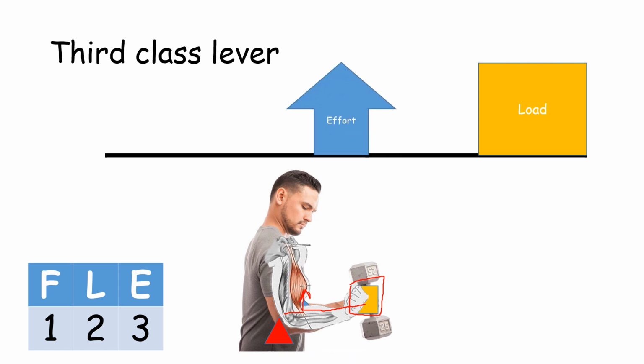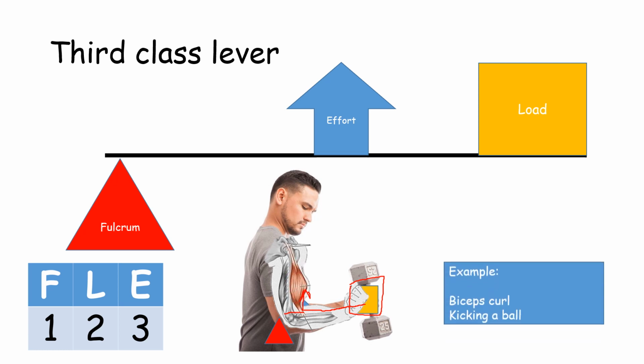I'd then get to the effort next, and then the pivot point, the fulcrum. Which means that that is a third class lever system, and you have to know how the bones are structured, and that's why this is sometimes quite a difficult topic in itself. Again, if that doesn't make sense, pause your video, ask your GCSE PE teacher, or go over what I've just said again, and hopefully that will make sense.